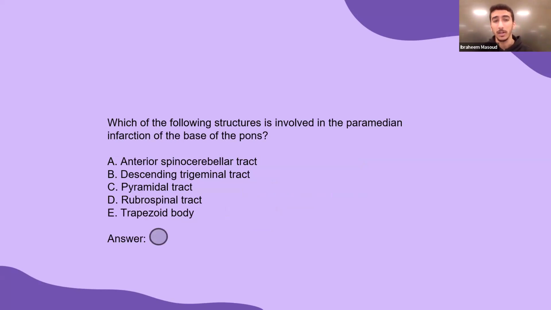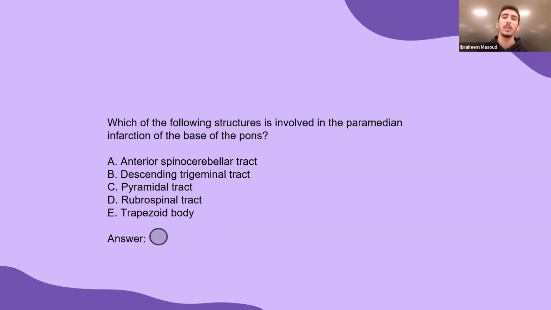Paramedian infarction of the base of pons. Base of pons. What do you find there? What do you have in the base of pons? Do you have the trapezoid body there? Are you sure? What is the trapezoid body?